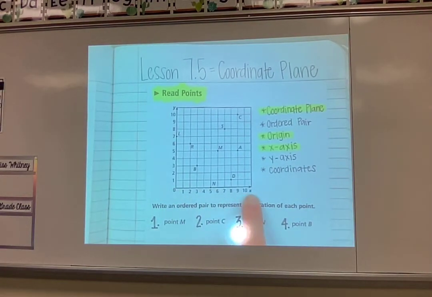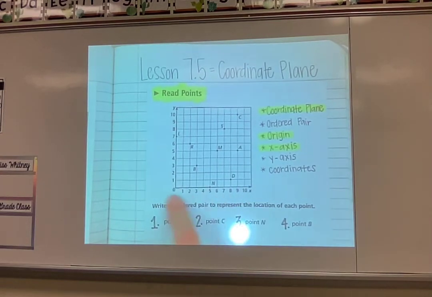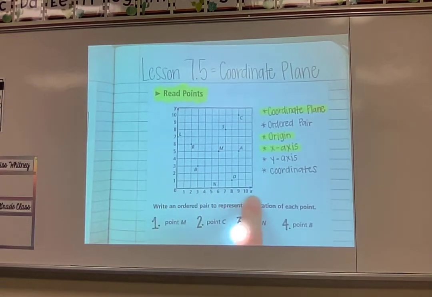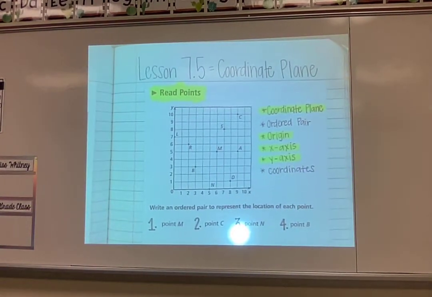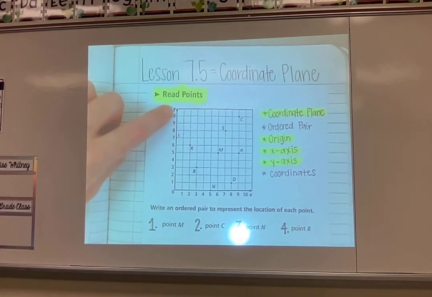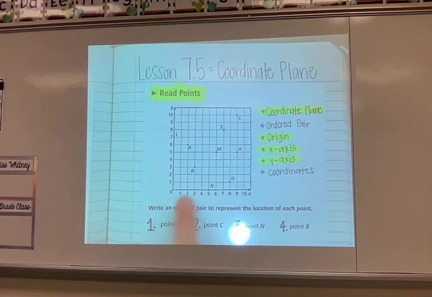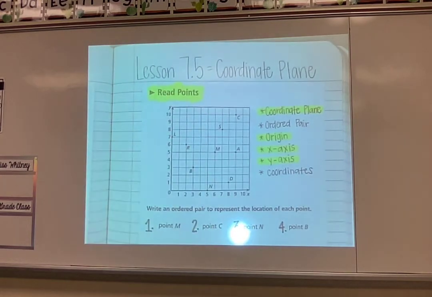We have the x-axis, which is along the bottom. So you'll see an x over here. These numbers that go along the bottom are for the x-axis. And then we have the y-axis, which goes along the side, up and down, and that's labeled right here with a y. So the x-axis goes across, and the y-axis goes up and down.